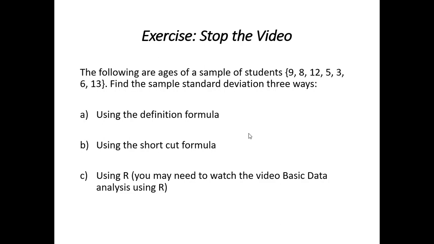And then if you are familiar with R, or if not, hopefully you'll watch the video basic data analysis using R, so you can also confirm the answer that you're getting. As a quick answer, our final answer should be 3.65.